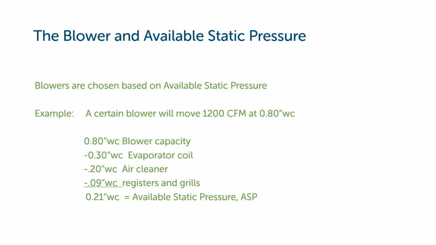The evaporator coil, the air cleaner, and the registers. We subtract the pressures from all those things, and that's all listed in the data for those components. And we find out we have 0.21 inches of water column of available static pressure. And that's what we're going to use. We have to design a duct system that'll work with 0.21 inches of water column.